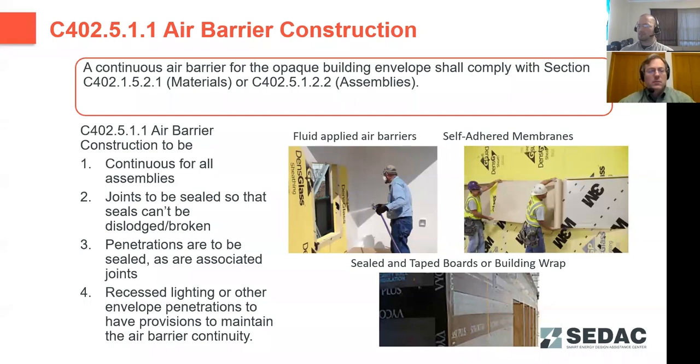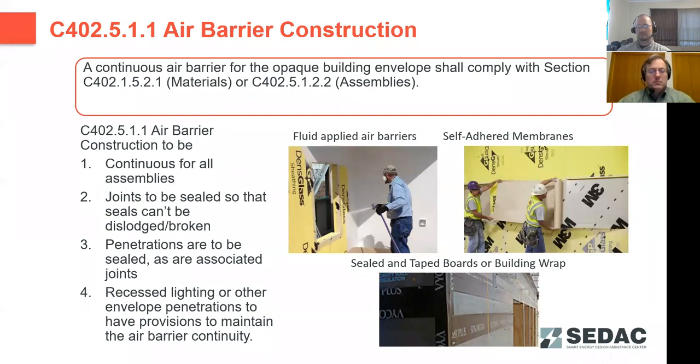They have to be air barrier materials, or you have to have an assembly that's airtight. What we're looking at here is the assembly requirement. That air barrier needs to be continuous across all your assemblies. If you've got dissimilar materials joining together, you need to ensure that those aren't going to come apart, dislodge, or break open over time.